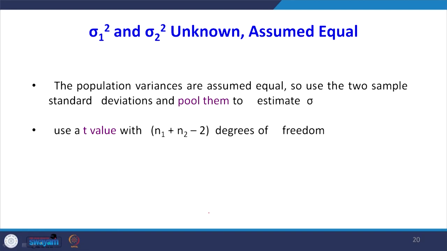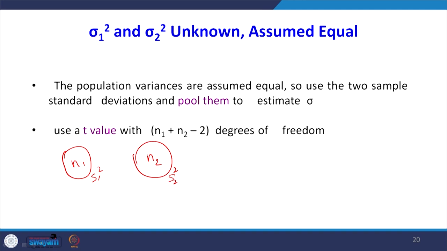Actually, the concept here is: assume there is a group 1 whose variance is S1 square, with sample size n1. There is a group 2 whose variance is S2 square, with sample size n2. Since we are assuming population variances are equal, you can pool the variance. How can we pool the variance?